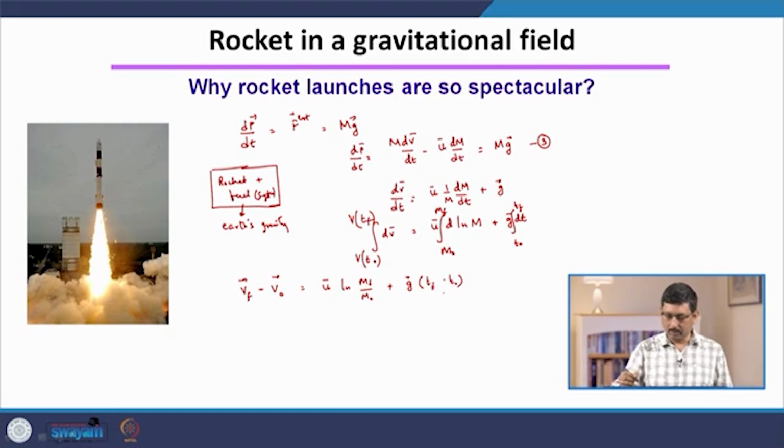Let us make the sign convention that the vertically upward direction is positive. In this case, the weight is acting in the vertically downward direction, so let us put a minus sign in front of it.